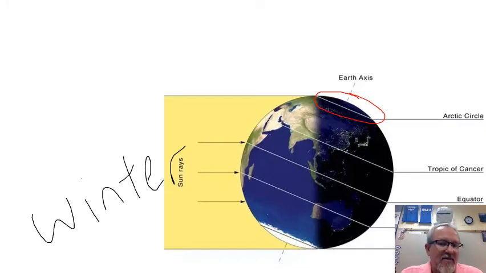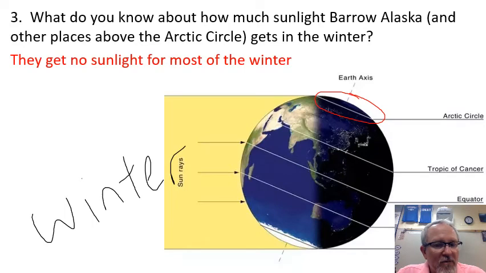You have nighttime for 24 hours. So, a place like Barrow, Alaska, and any other place above this line called the Arctic Circle, all these places up here get no sunlight in the winter. For most of the winter, like 82 or 83 days, they get no sunlight in Barrow, Alaska.